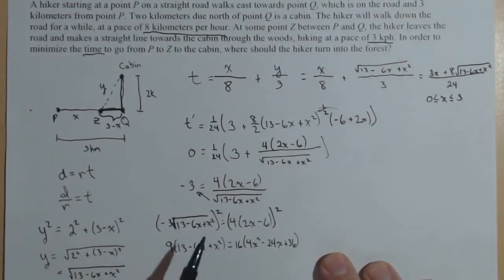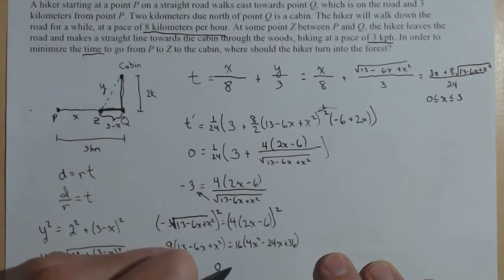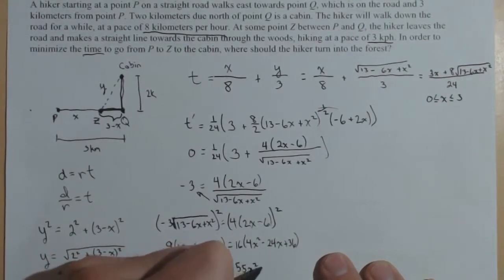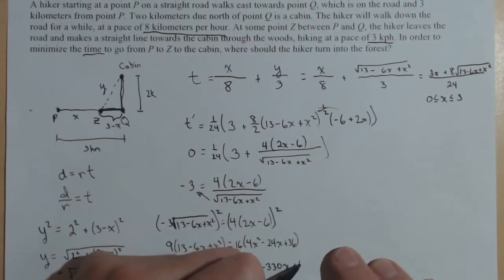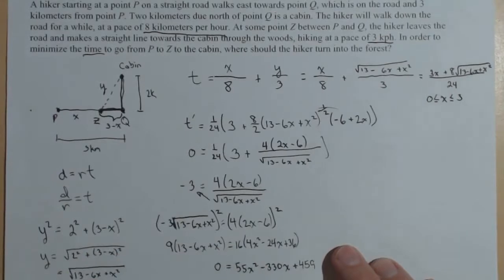For time's sake, I'm going to combine a couple of steps. I've got a quadratic here, and I need to get it equal to 0, so I'm distributing everything and combining all the like terms. You're going to get 55x squared minus 330x plus 459.